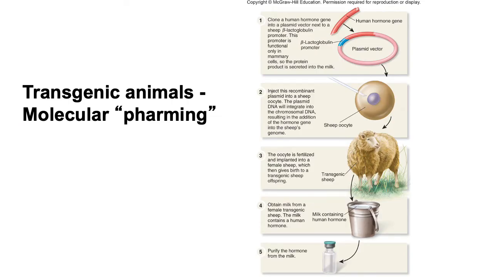And of course we can do the same thing with multicellular animals. And so transgenic animals, there are a number of uses for introducing other types of genes into animals.